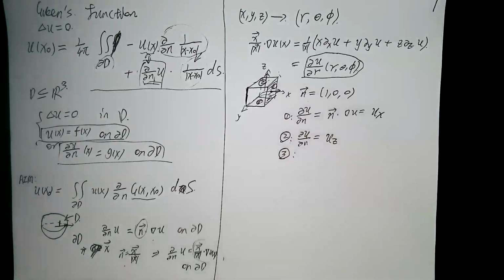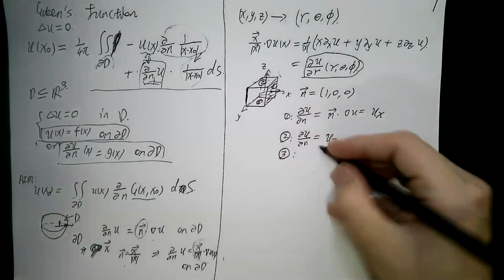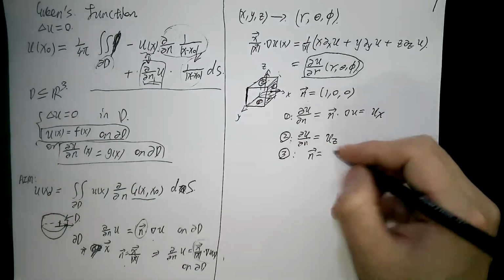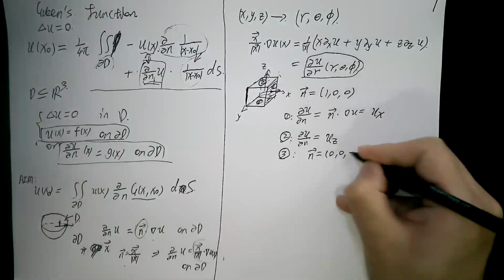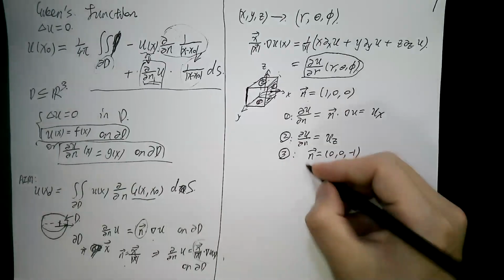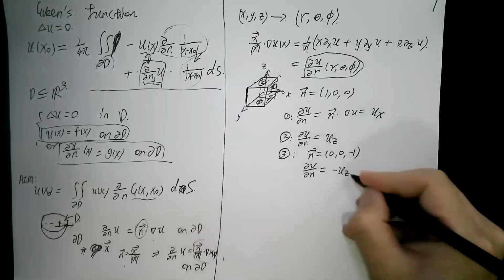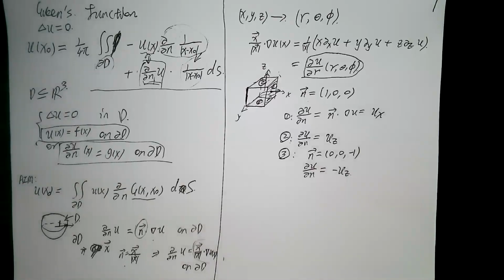On 3, n becomes not (0, 0, 1) but (0, 0, -1). So on 3, partial u partial n equals minus u_z. Maybe this is the easiest example of what partial u partial n is.